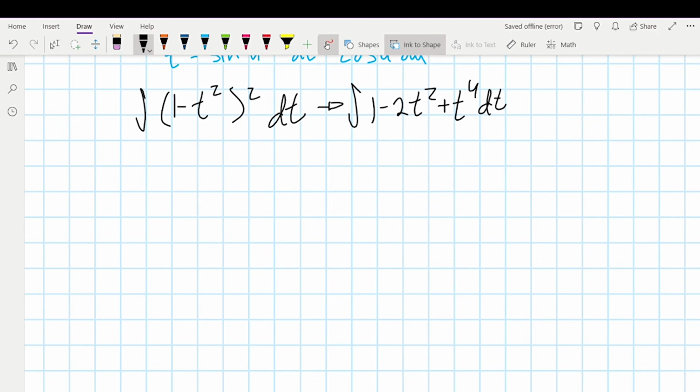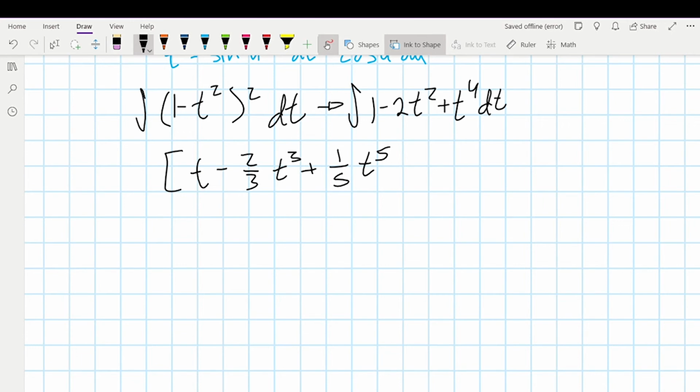So once we take the integral of this, what we get is the 1 becomes t minus, and we transform this 2t squared into 2 over 3 t cubed plus 1/5 t to the 5th.